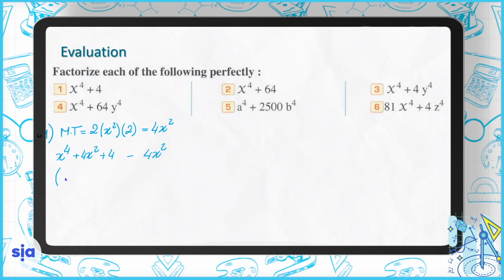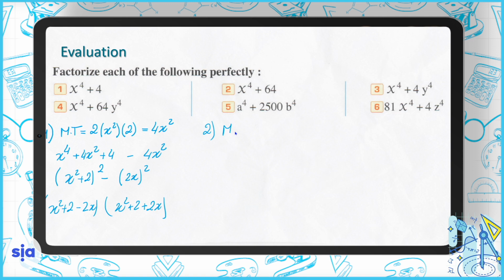A perfect square trinomial, (x squared plus 2) all squared minus (2x) all squared as a perfect square monomial. So here the two brackets will be (x squared plus 2 minus 2x) multiplied by (x squared plus 2 plus 2x).